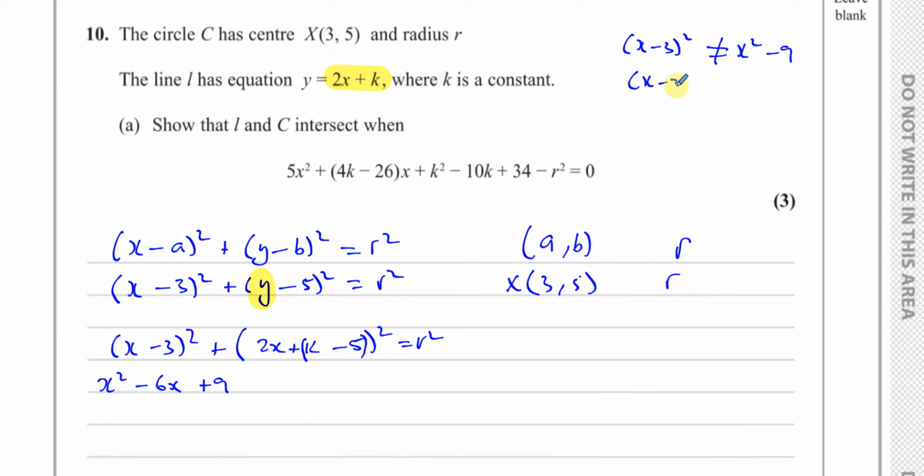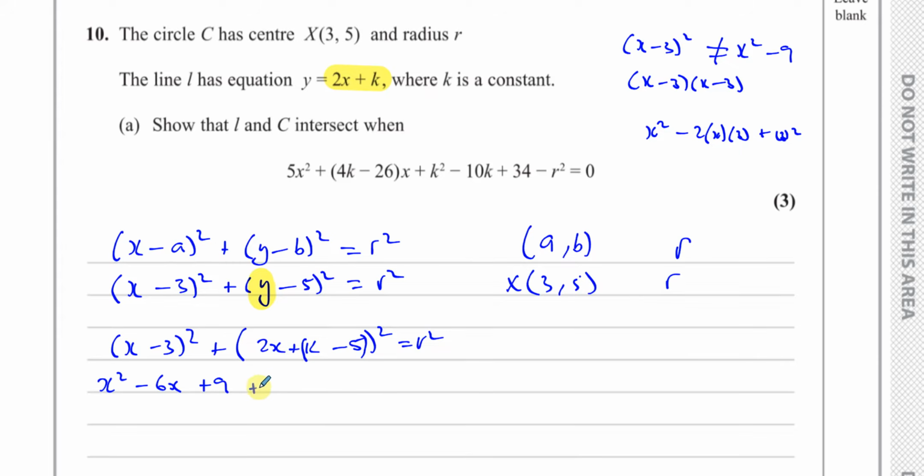This means (x − 3) multiplied by (x − 3) gives you x² − 6x − 6x + 9. Or we can think of it as: we square the first term, then we have minus 2 times the first term times the last term, and then always plus the square of the last term. So you end up with x² − 6x + 9.